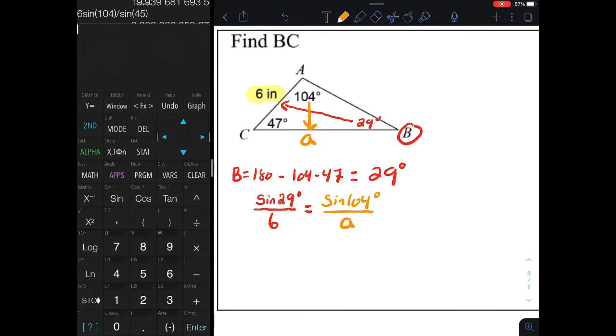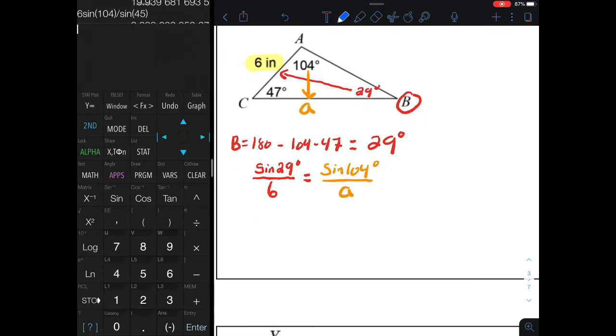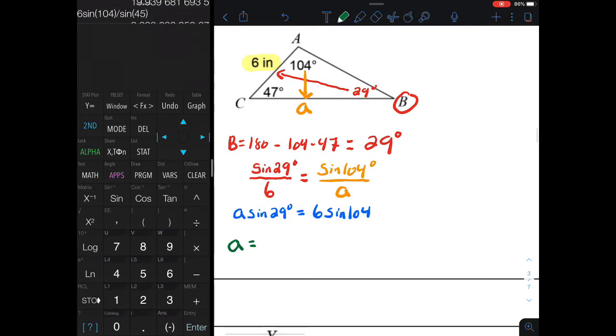So from here you would cross multiply, get A out of the denominator. So I'd cross multiply, and that's going to give me A times sine of 29 equals 6 times sine of 104. And then we would divide by sine of 29.